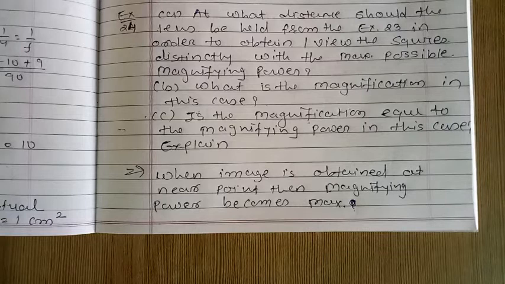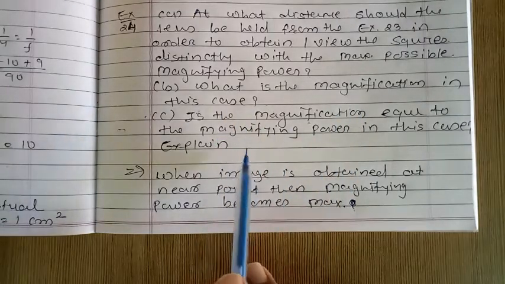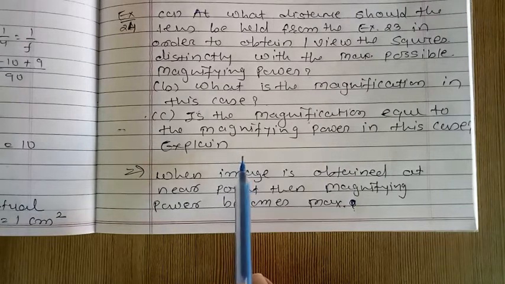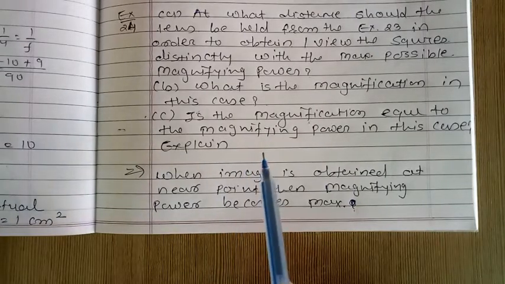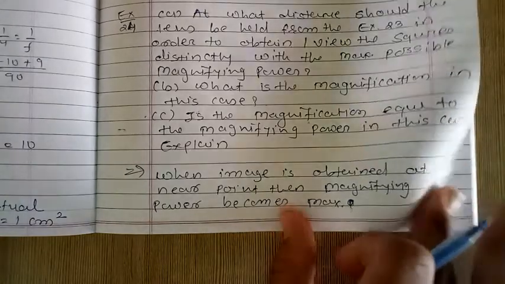In previous example number 23, the focal length is 10 centimeter. Then we have to find out the object distance, right? In the second case, we have to find out the magnification, and in the third case, we have to say whether magnification is equal to magnifying power or not, right? So we discuss our first case.